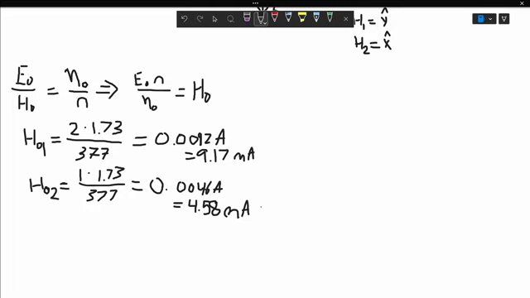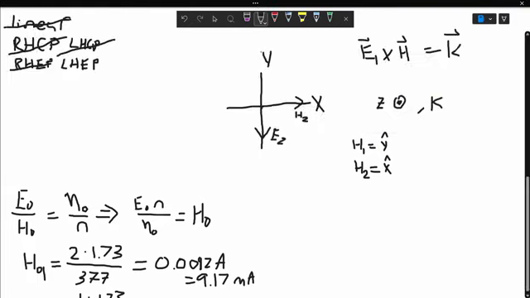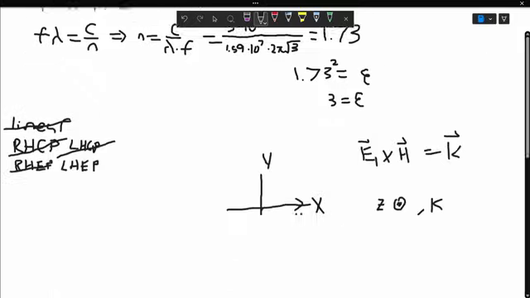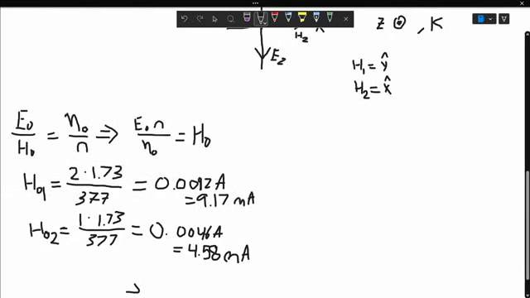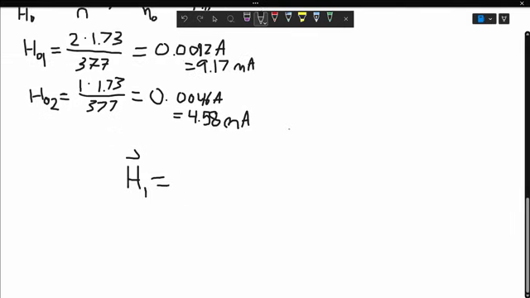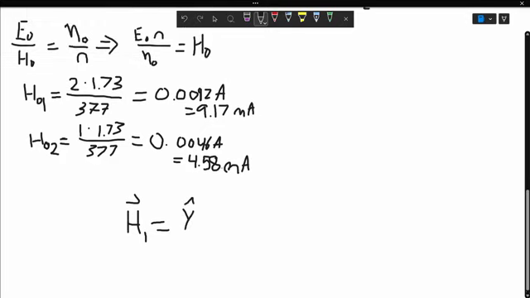Now that we have the direction and the amplitude for all of our H field, we can now combine it all together. So let's do this first. We will solve for the entire first H field, so H1. H1, first we write its direction, which is in y hat. Then we write out the amplitude, which is 9.17.